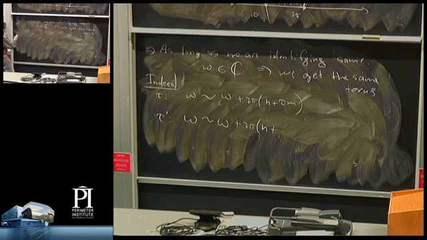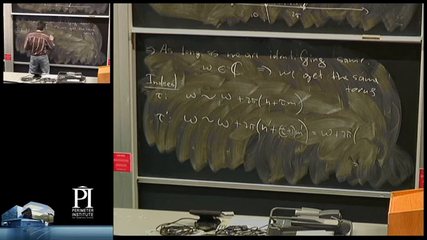Okay, so let's show this. So indeed, if I have tau, right, so omega, when I'm making identifications with tau, then what I'm doing, I'm identifying omega plus 2 pi and plus tau n. Right?